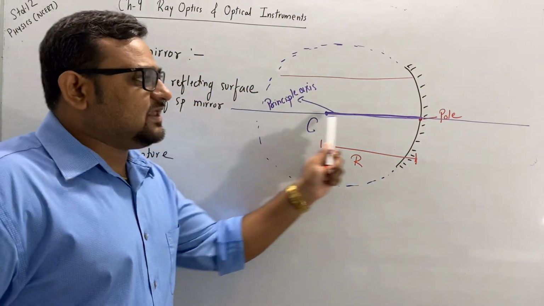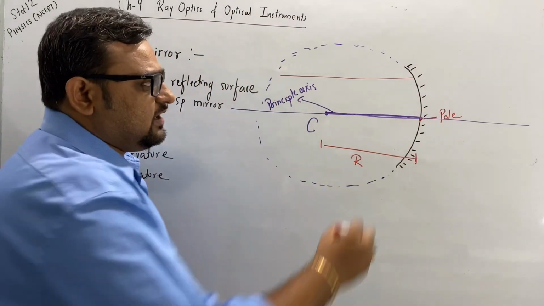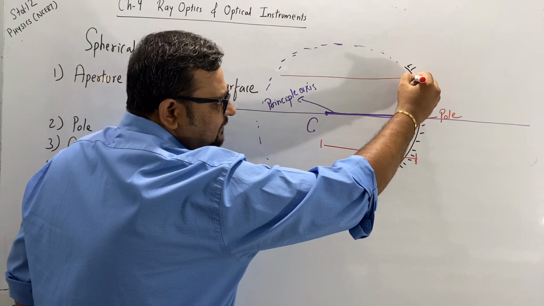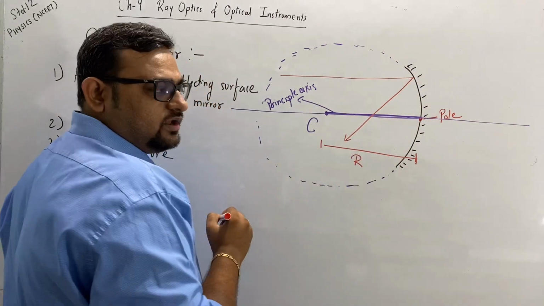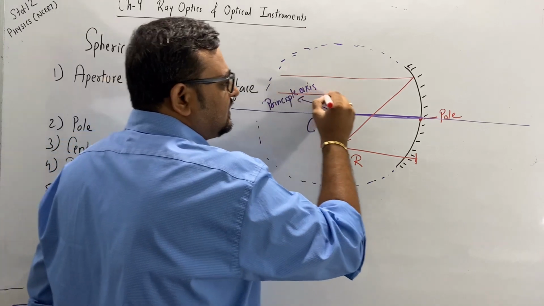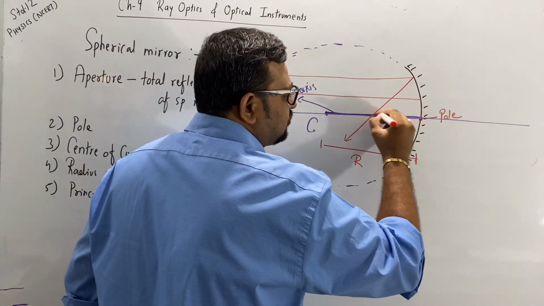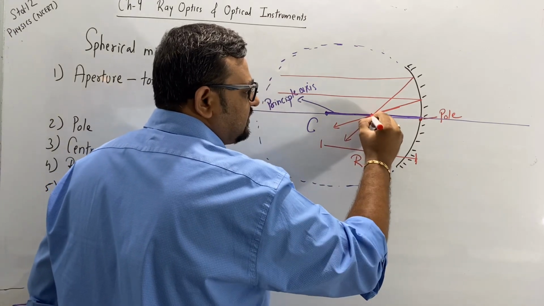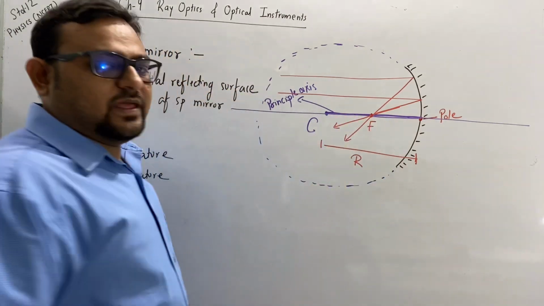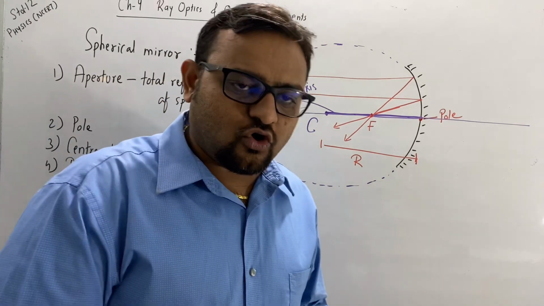this ray is parallel to principal axis. Okay, then what will happen? It will pass through a point. Okay, if I take another parallel ray, it will also pass through the same point. That is called focus.